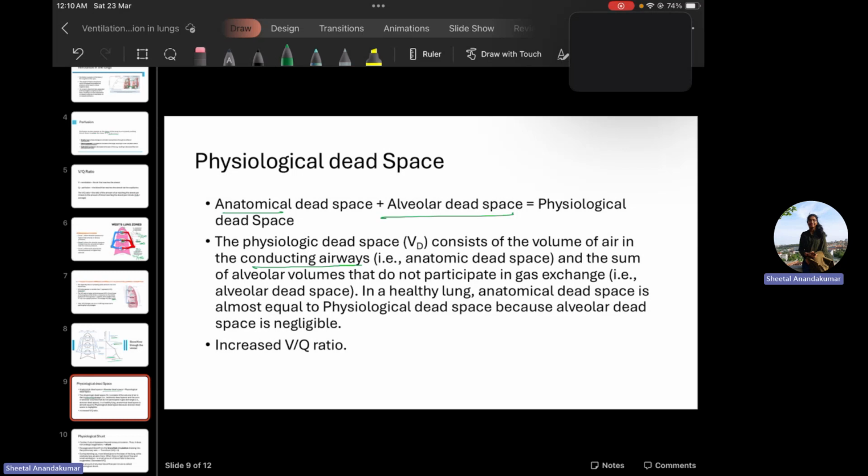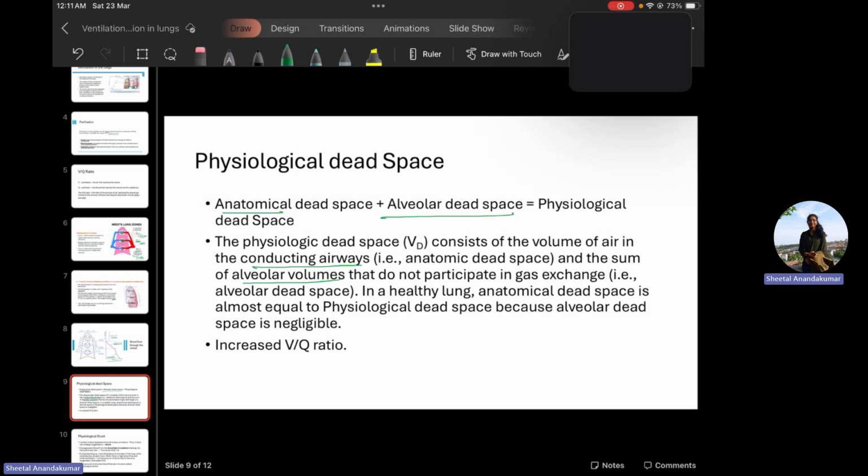And on the other side, we have the alveolar dead space, which is nothing but regions where certain alveoli are very well ventilated, but they are not perfused. Like we saw in zone one, especially in the apex region, where there is decreased perfusion because of collapsing of the blood vessels due to increased pressure from the alveoli.